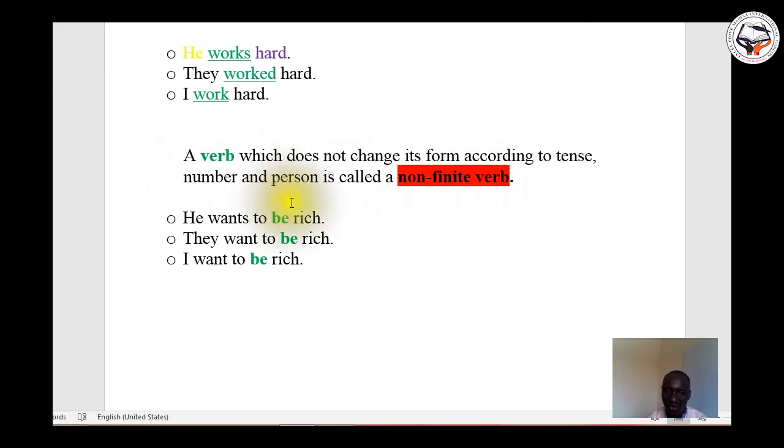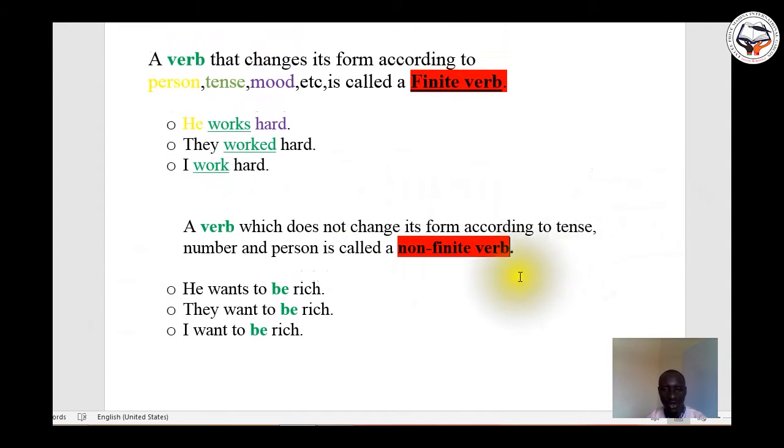So we have two types of verbs: finite verbs and non-finite verbs. The finite verb is a verb that changes its form according to person, tense, and mood, and the non-finite verb is a verb which does not change its form according to tense, number, and person. Very simple.